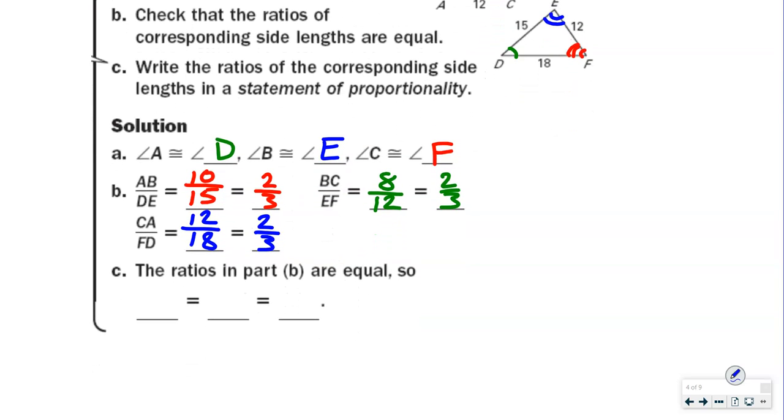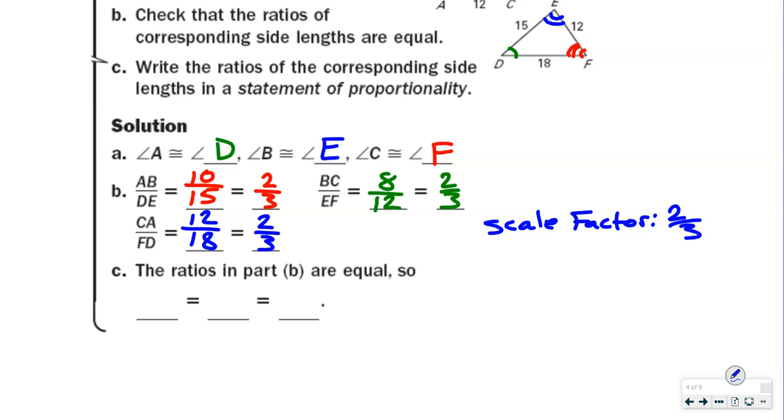Let's write that off to the side so we have that in mind. Scale factor is 2/3.